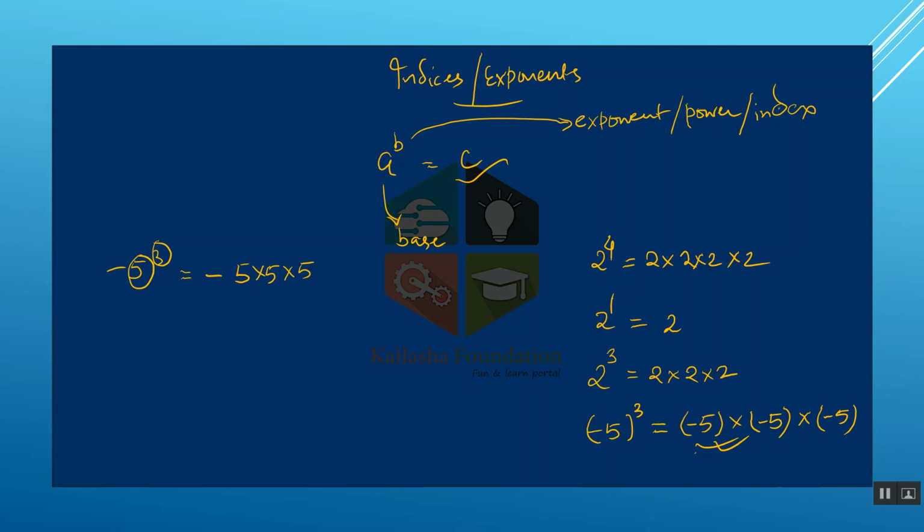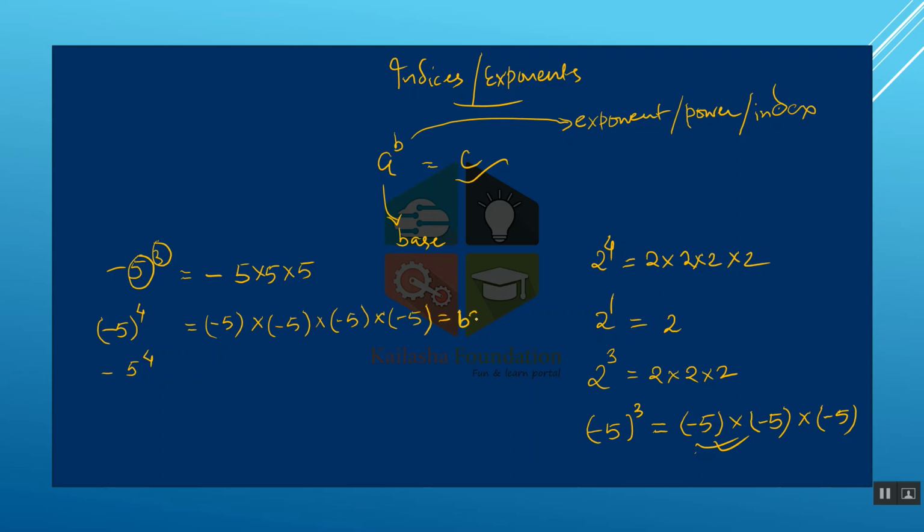Okay, so what's the difference? In both cases we are getting minus 125, but in case you are given minus 5 raised to the power 4 and minus of 5 raised to the power 4, these two are completely different things, because this is minus 5 into minus 5 into minus 5 into minus 5, minus sign 4 times, that gives you plus.